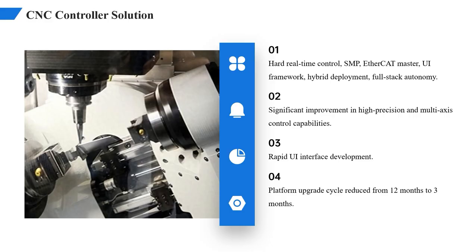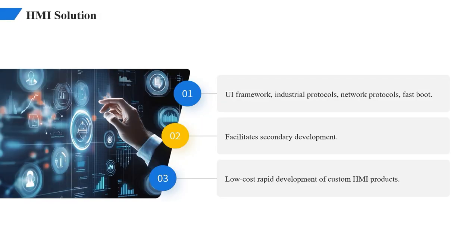And the multi-axis precision is significantly enhanced, and the upgrade cycle drops from 12 to 3 months. The HMI solution leverages RuiQing's UI framework, industrial protocols, and fast refresh for rapid custom HMI development.